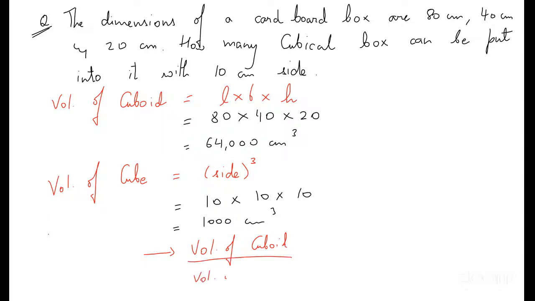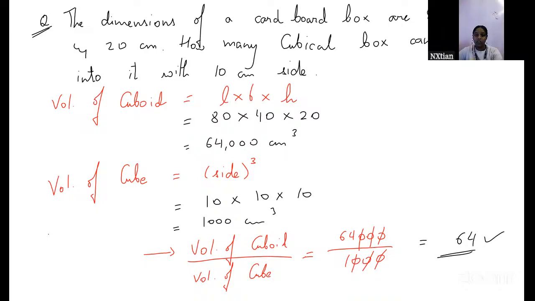The answer is 64. Yes, correct. 64,000 divided by 1,000. Cancel the zeros, and we have the answer, that is 64. Okay, answer will become 64. Got it?